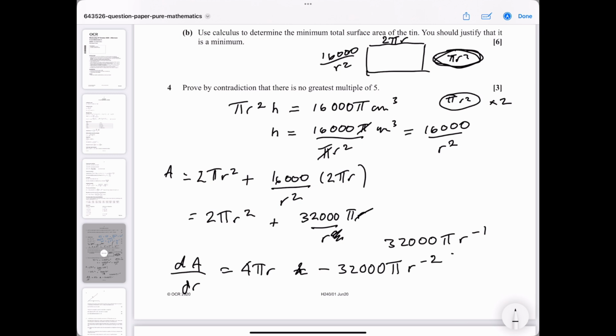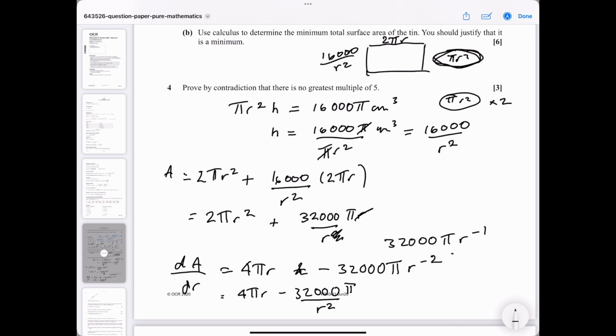I think that's right. So if we rewrite that as something usable, minus 32,000 pi over r squared.